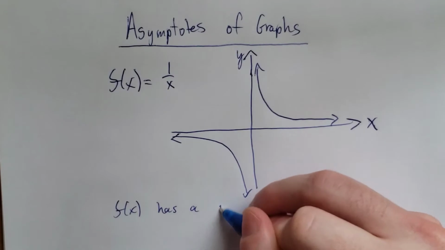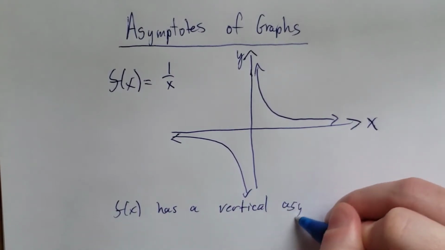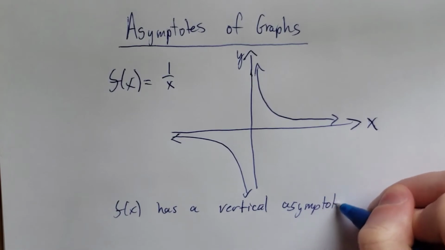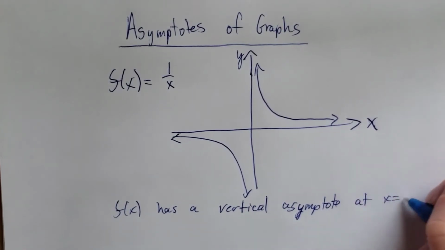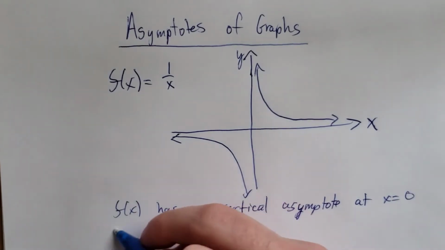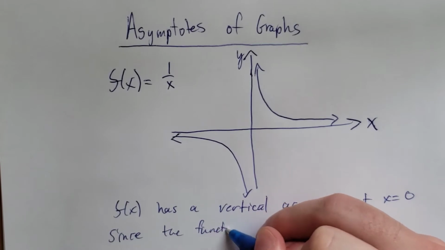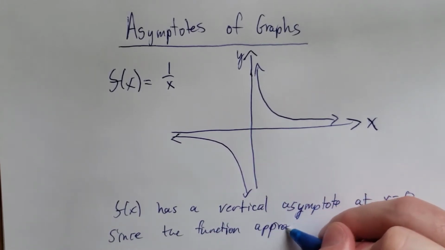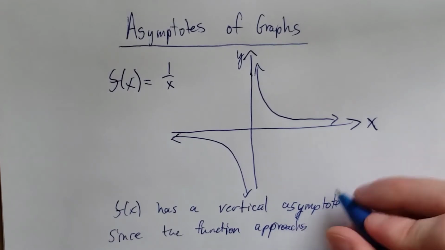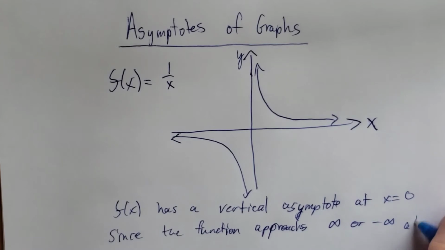has a vertical asymptote at x equals 0. Since the function approaches infinity or negative infinity at x equals 0.